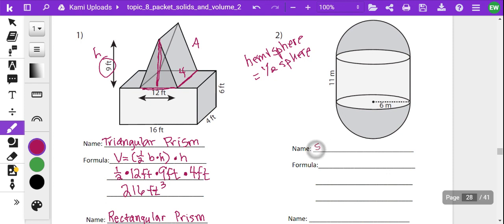Why don't we look at the sphere first? I realize we just learned this formula. The volume is equal to 4/3 times pi times the radius cubed.